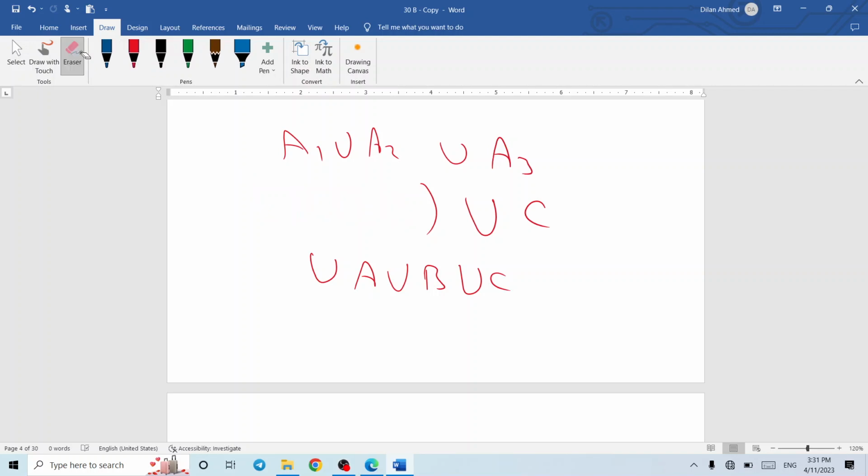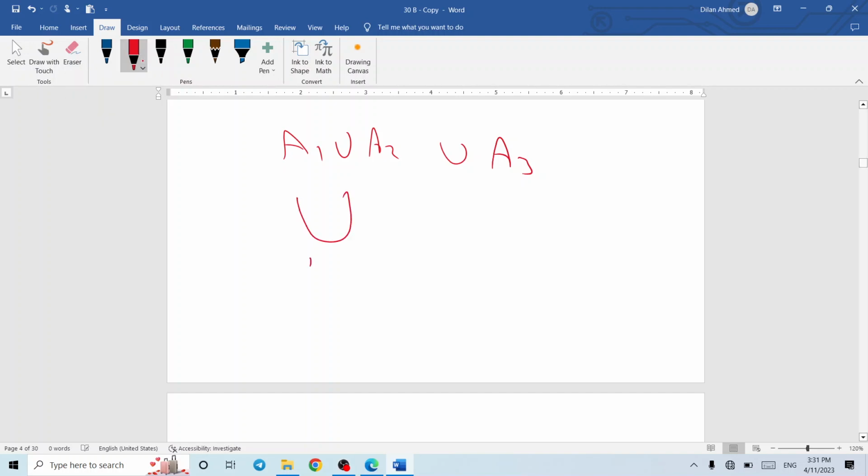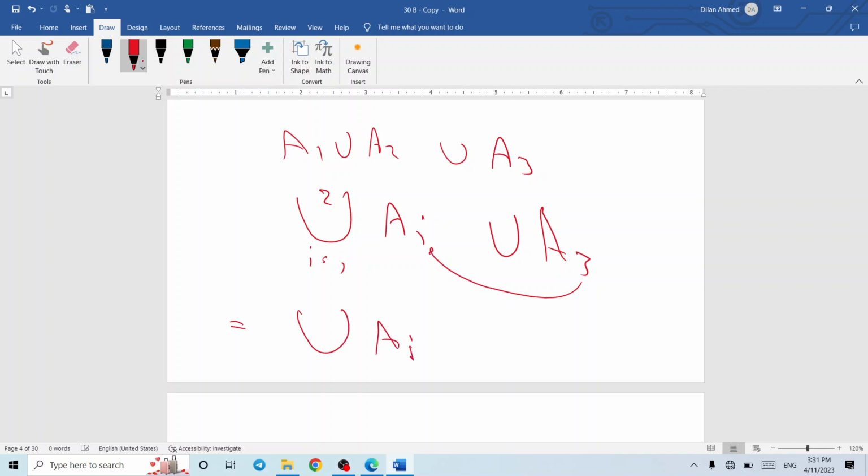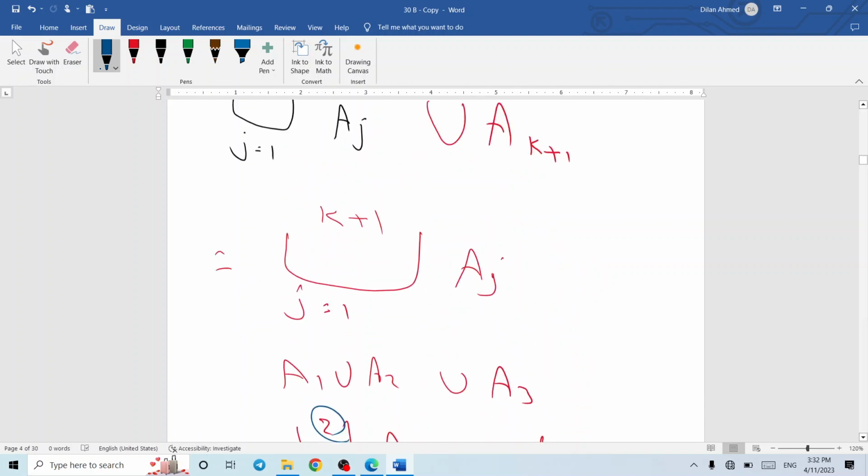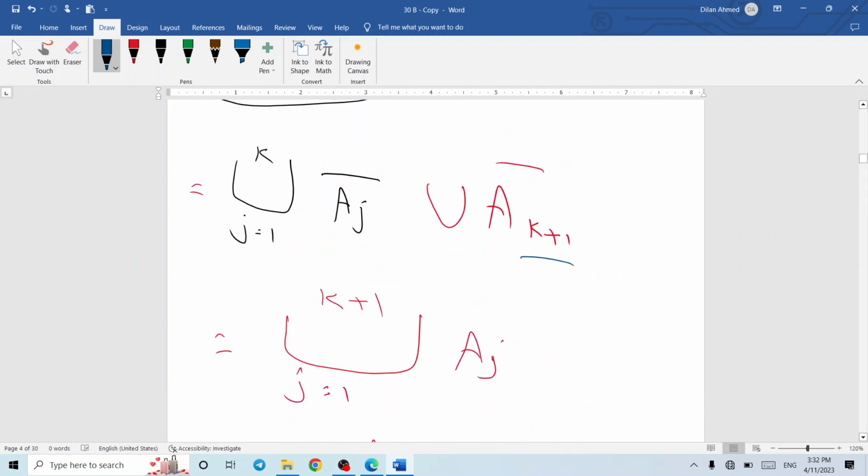If I have something like that, can I join 3 of them? Why not? It is equal to what? We change only the index, right? We just bring it to the set. Depending on this, we did like that. We bring the k plus 1 to the set, and we change here to k plus 1.